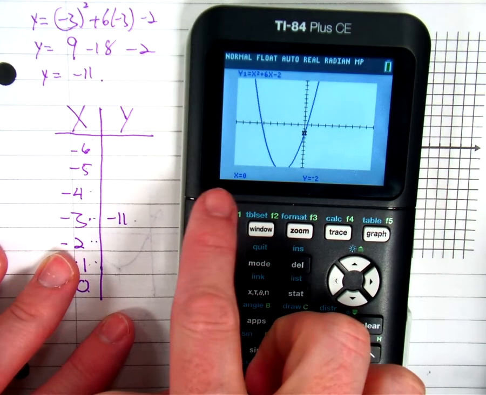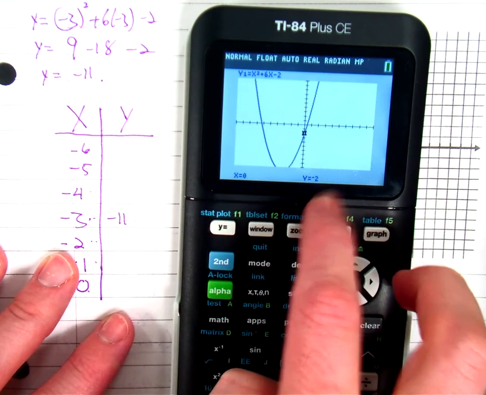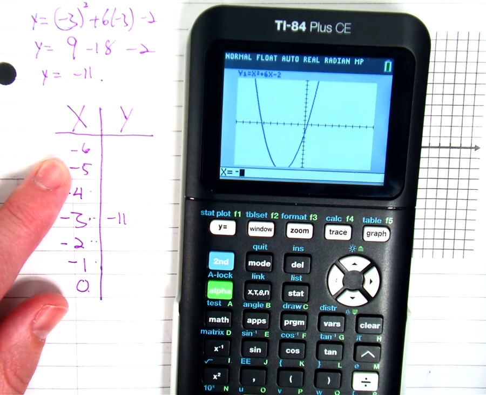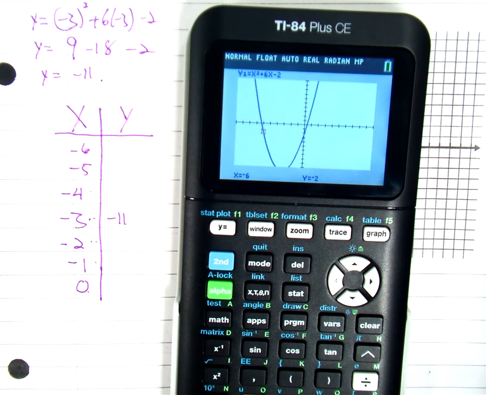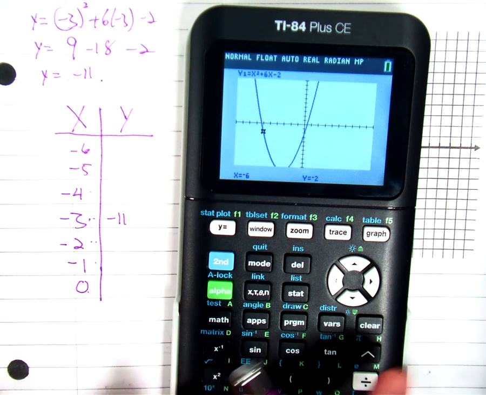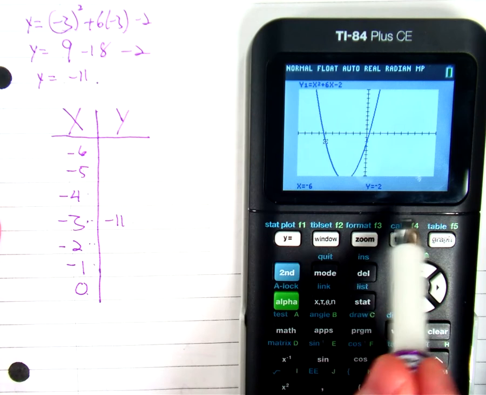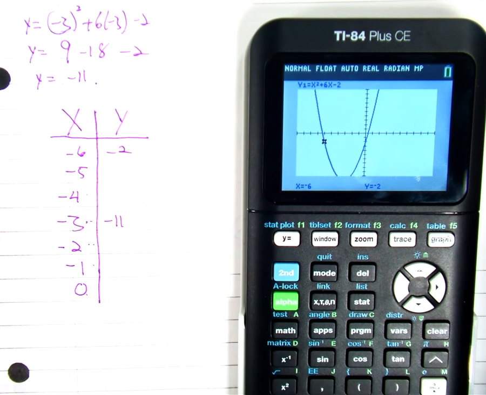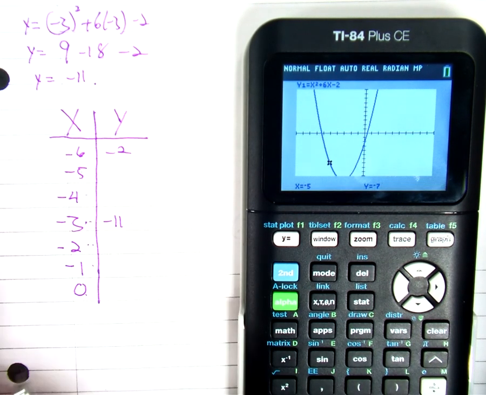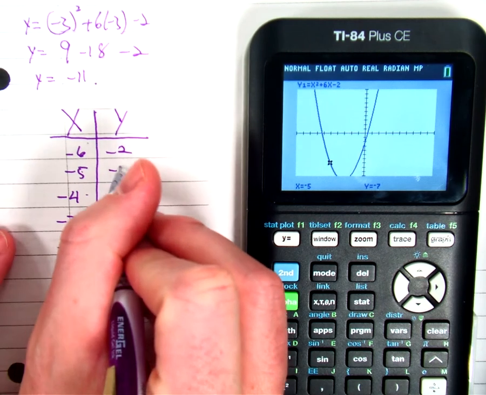It's going to come up with these coordinates down here on the bottom. Now I can just type in -6, enter. Oh, -6 is -2. So I can still kind of see it on the graph, right? -6, -2. -5, enter. -5 is -7.